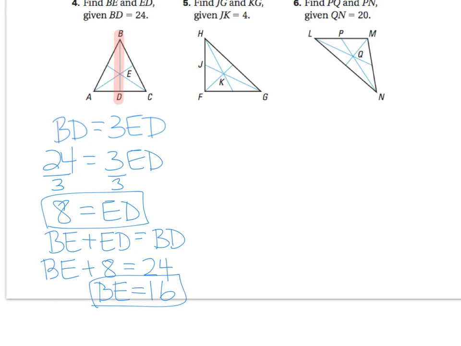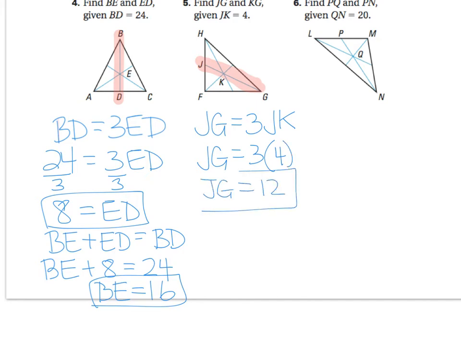Okay, the next one says that JK equals 4, so we're talking about this median right here. JK is the shorter piece, so I know JG, the whole median, equals 3 times that. So JG equals 3 times 4. So JG equals 12.